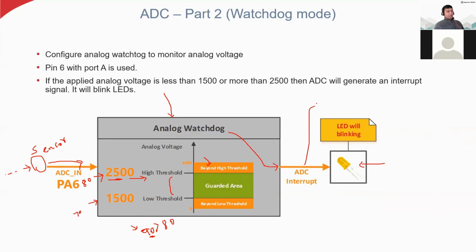You can use it to activate a relay, or to enable an SMS or email, or just drive a simple LED. The LED will start to blink, which means something is wrong: the measured value is beyond the reference values.